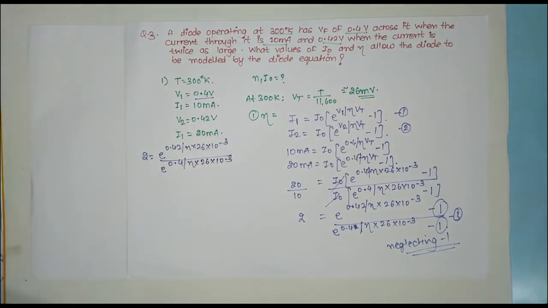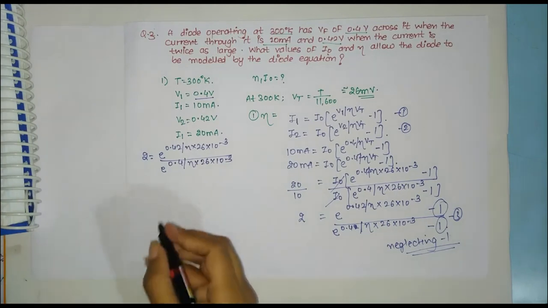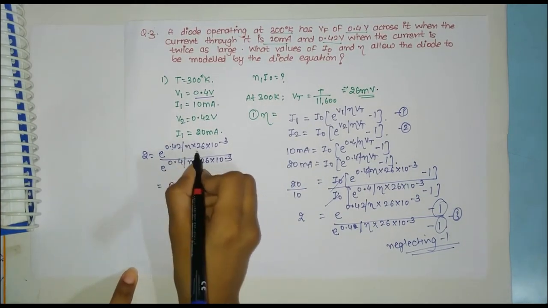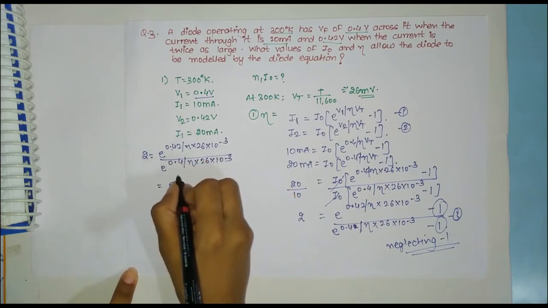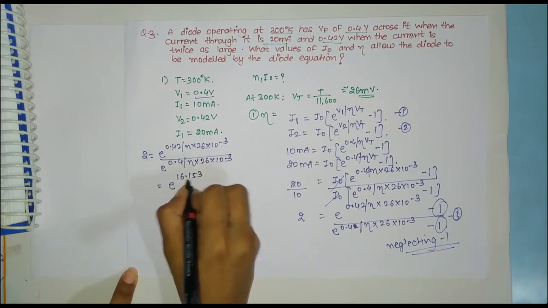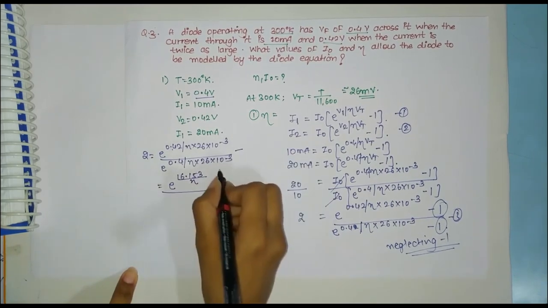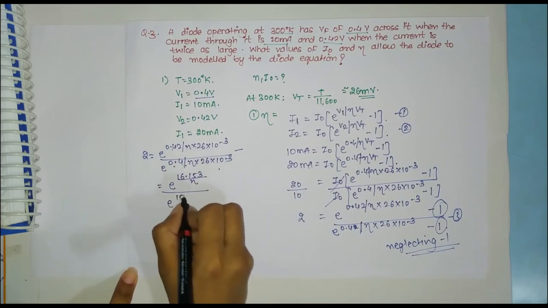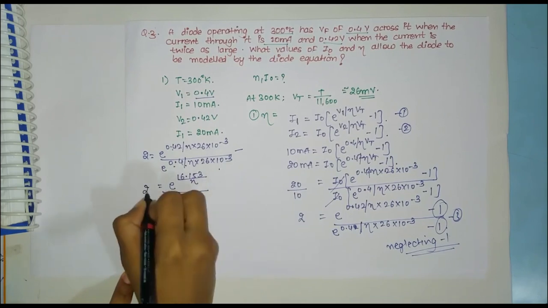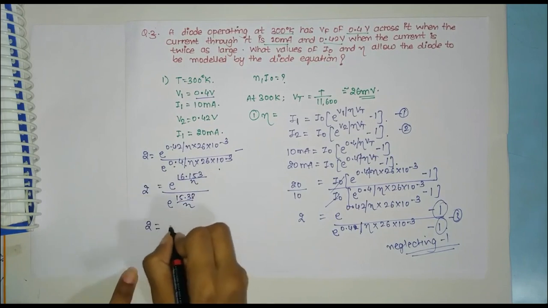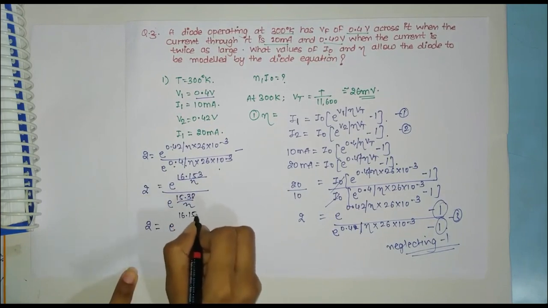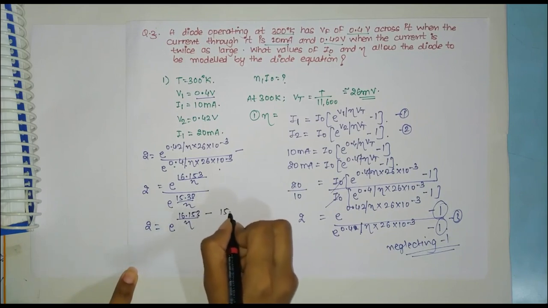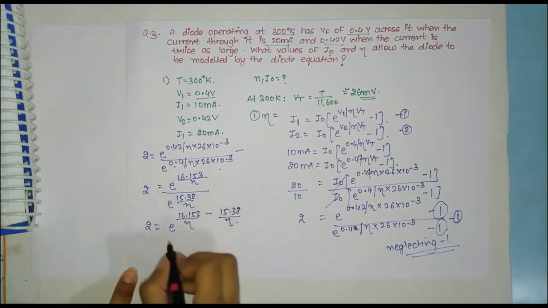Now we need to solve this equation to get the value of eta. So 0.42 upon 26 into 10 raised to minus 3 is 16.153 upon eta. Now e raised to 0.4 upon 26 into 10 raised to minus 3 is 15.38 upon eta. So 2 is equal to e raised to 16.153 upon eta minus 15.38 upon eta, correct?